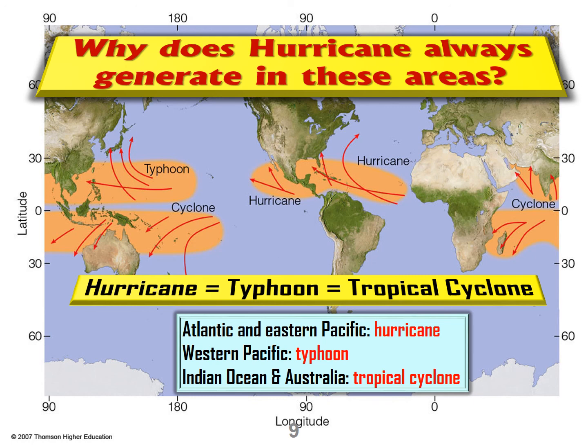Strong wind is driven by latent heat, released by water vapor condensing into liquid water. Huge water vapor condensed into huge water releases huge latent heat, driving strong winds.